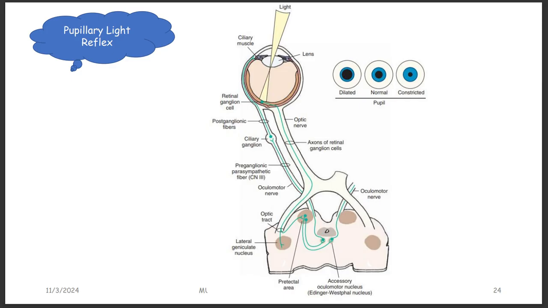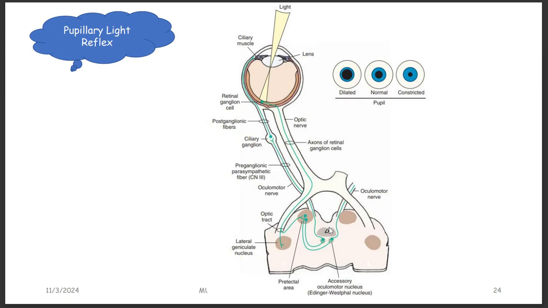So what is this telling us? As long as information has reached the pretectal area, whether one of the eyes, the optic nerve, is not functional, because of the information that has come from the other one, it will still stimulate the pretectal area. But the difference is this: from the pretectal area, the information is going to the oculomotor nerve.